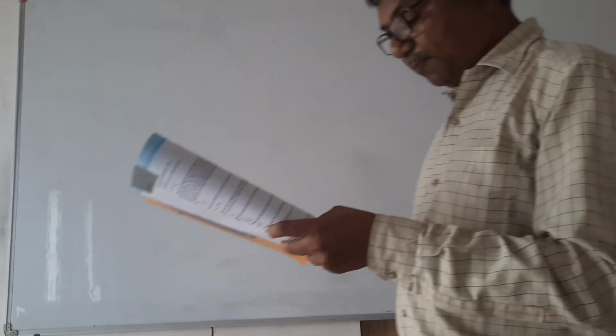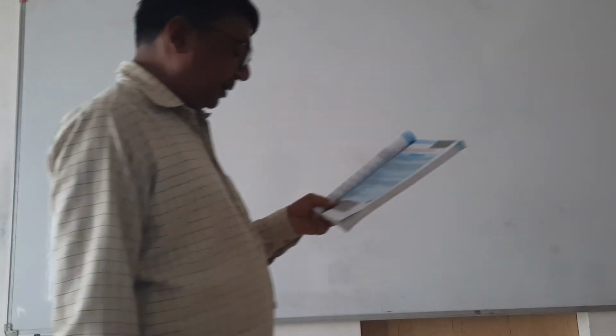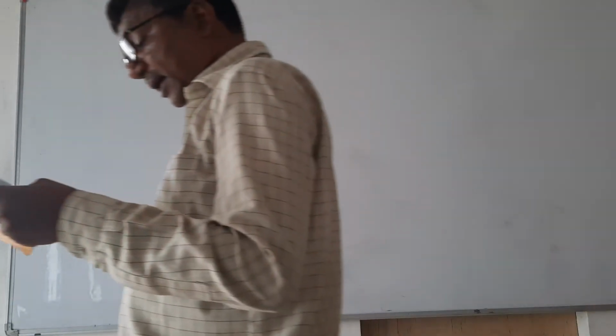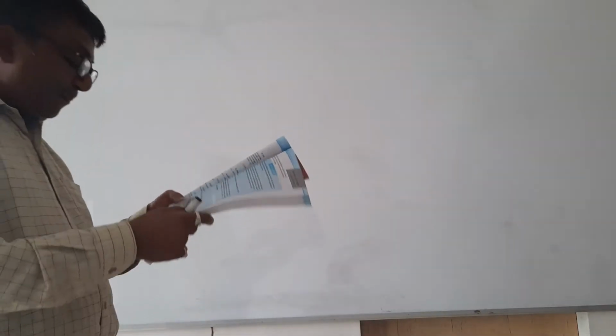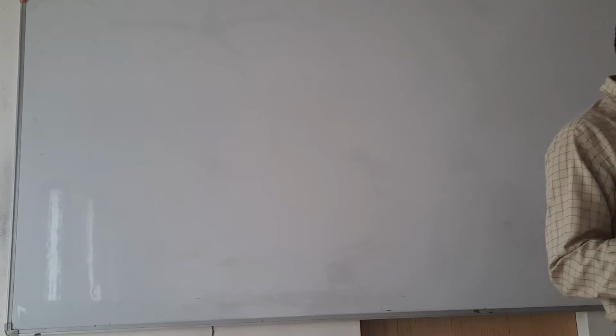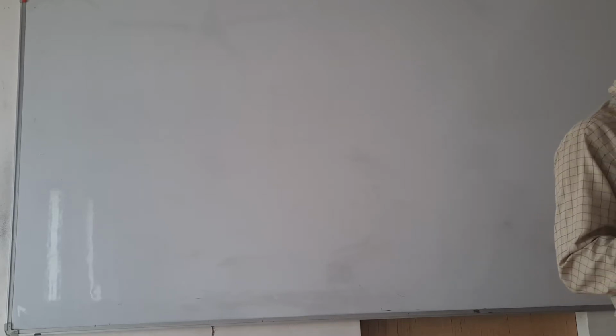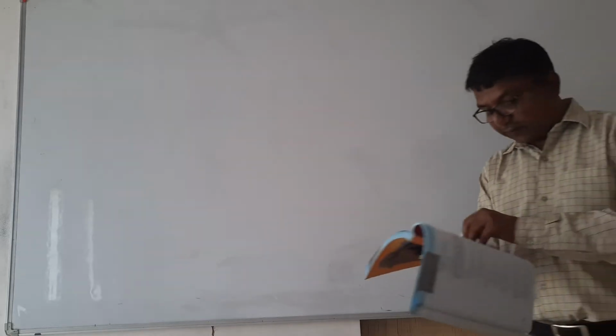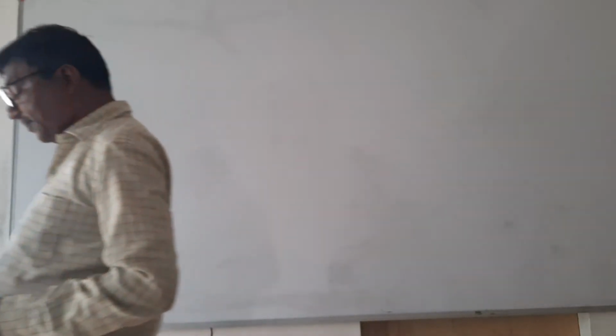A slab of material of dielectric constant K has the same area as the plates of a parallel plate capacitor but has a thickness of 3/4 D, where D is the separation of the plates. How is the capacitance changed when the slab is inserted between the plates?